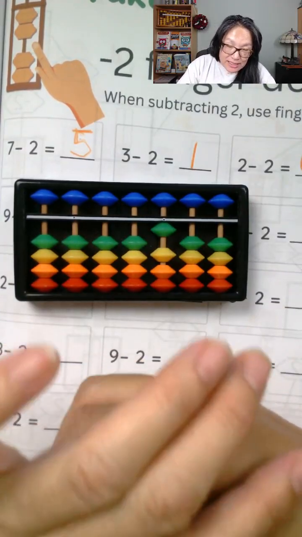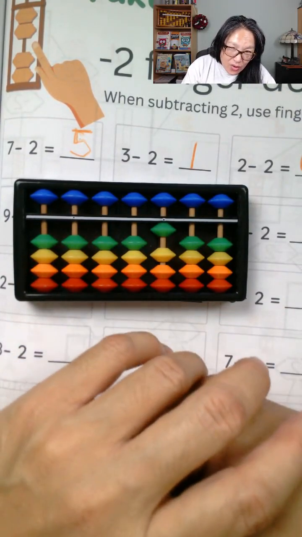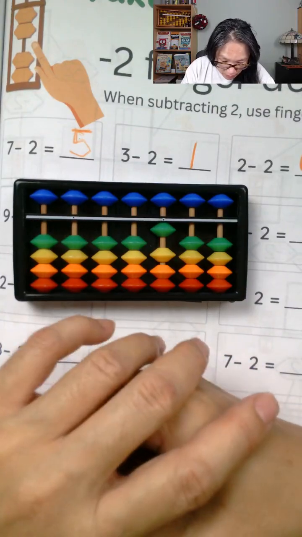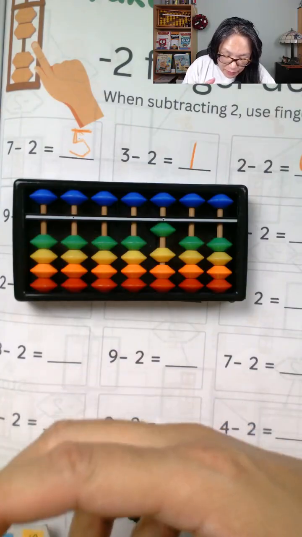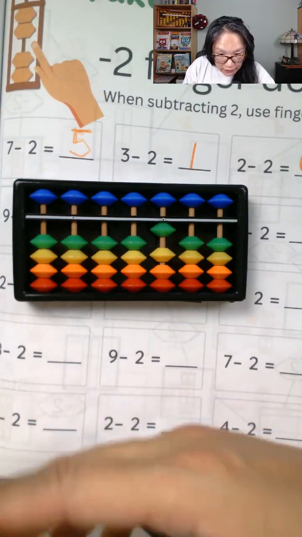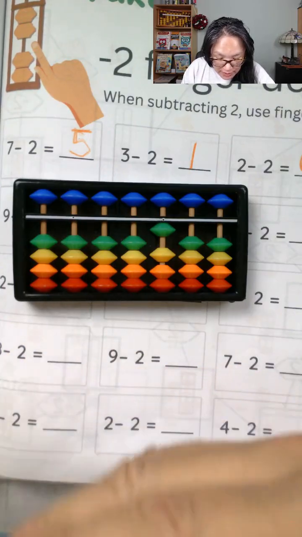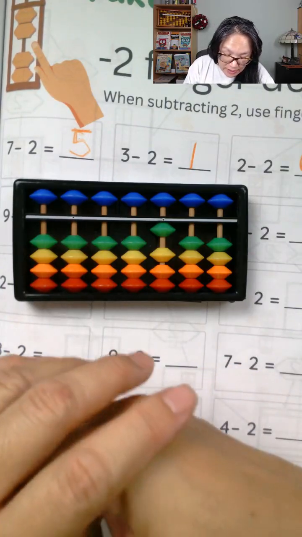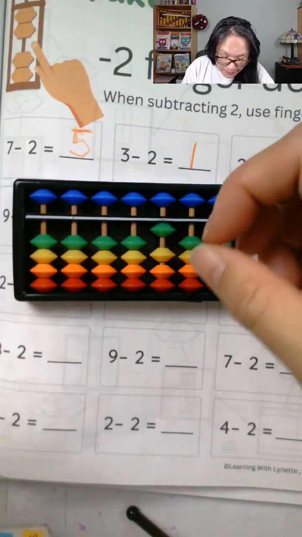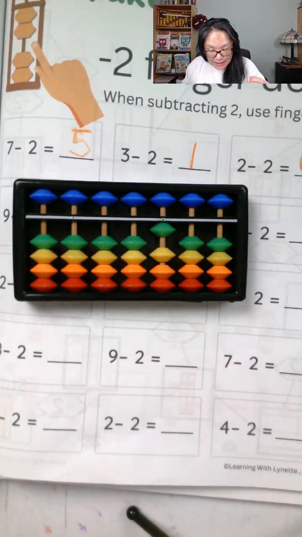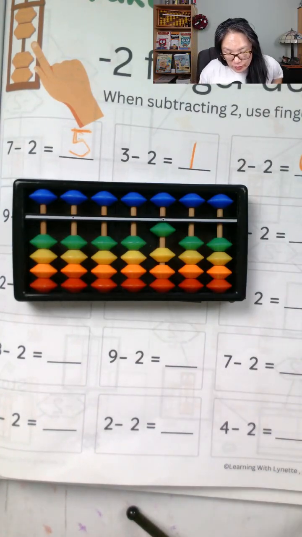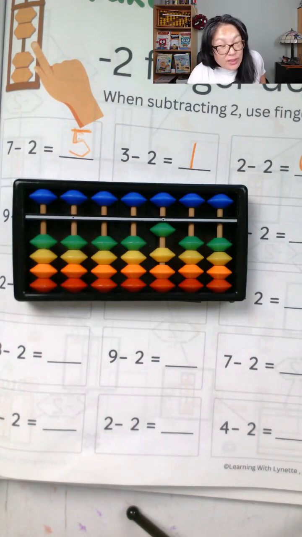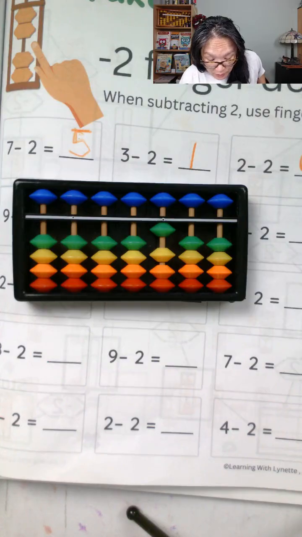Some of the questions are like, can you do negatives? It's like, no, you can't really do negatives on the abacus. Because why? You can't really take away 9 pens from 2 pens. So that's the difference with abacus, because we have to see it. It's a very visual thing. It's very tactile, and it's tactile for a reason. When they start talking about negative numbers, that's complex math, and that's what abacus does.